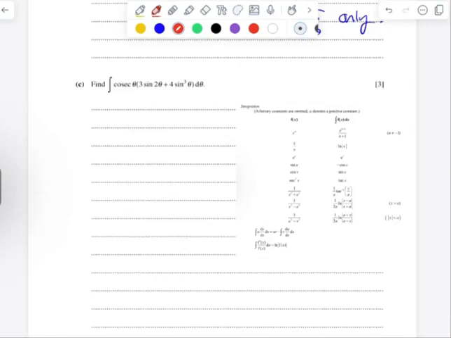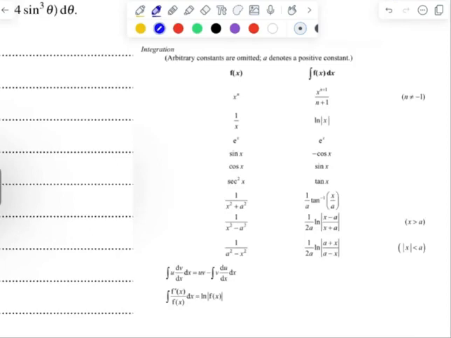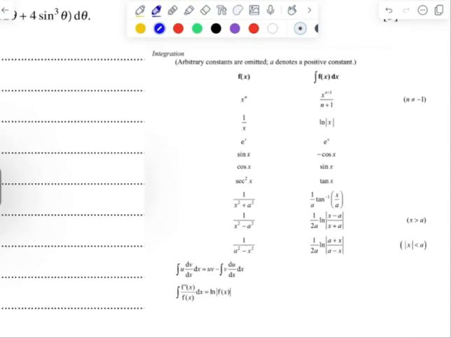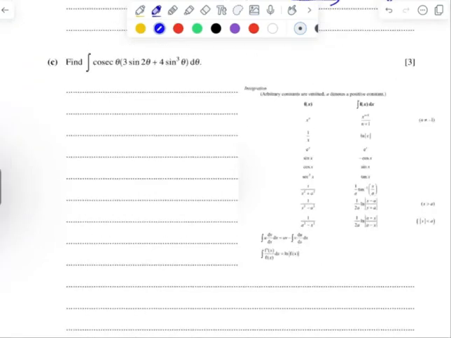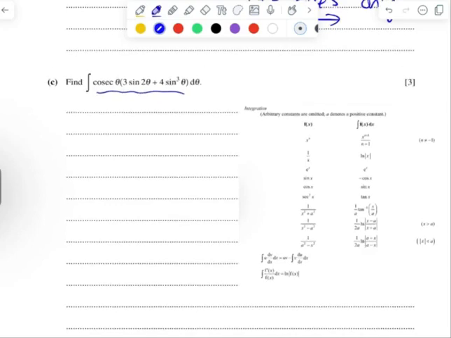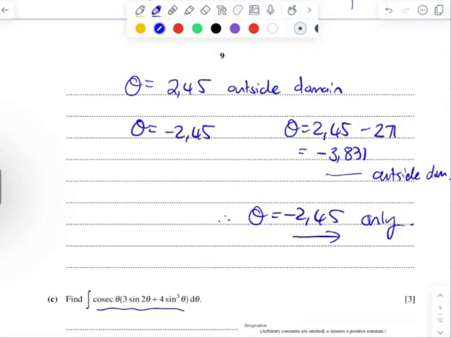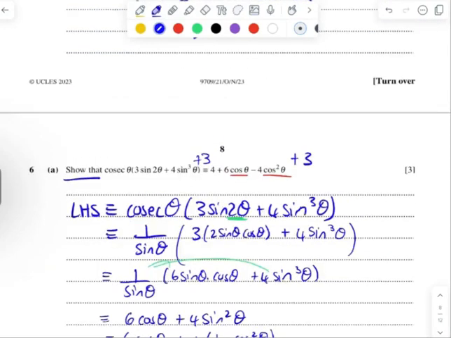And here we've got integration, and I've also put the integration section of the MF19 into this. So they say find the integral of all of this trig stuff, and what you can see is this is the same as what we had in part A. So always take a look at these questions: what is the same as part A and what's not?